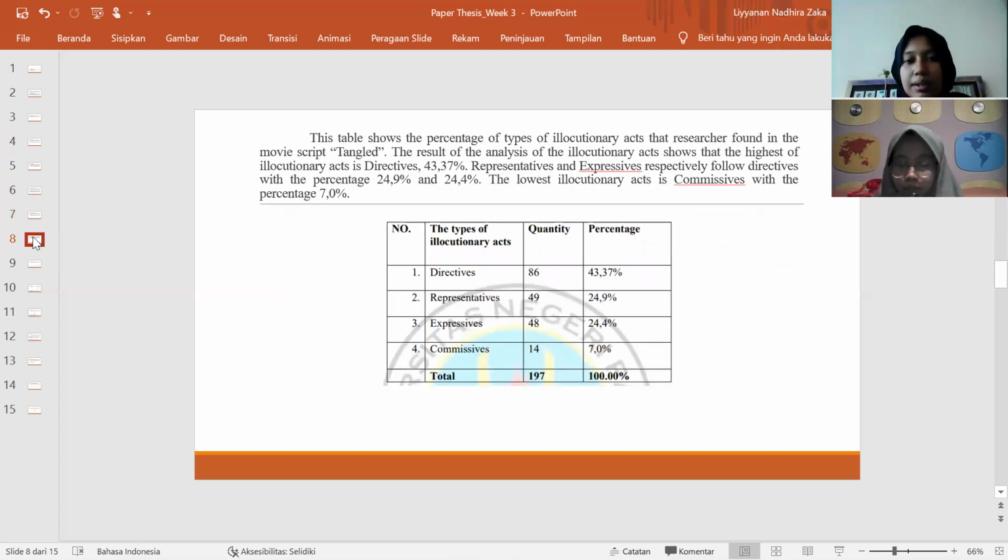Next is the table of the types of illocutionary acts, and this table shows the percentage of types of illocutionary acts that the researchers found in the movie script Tangled.